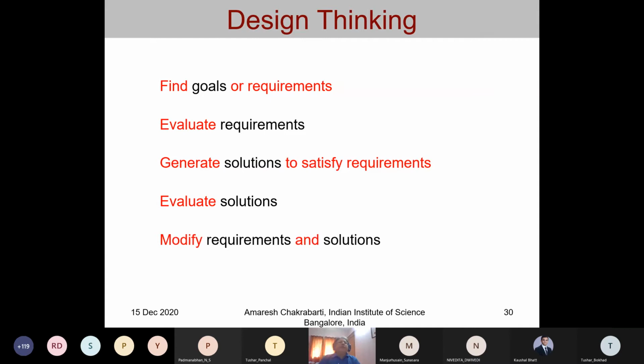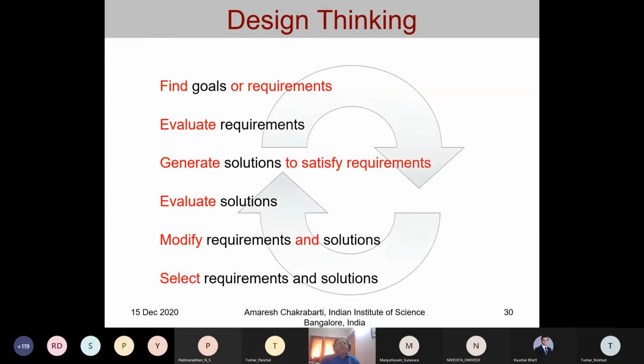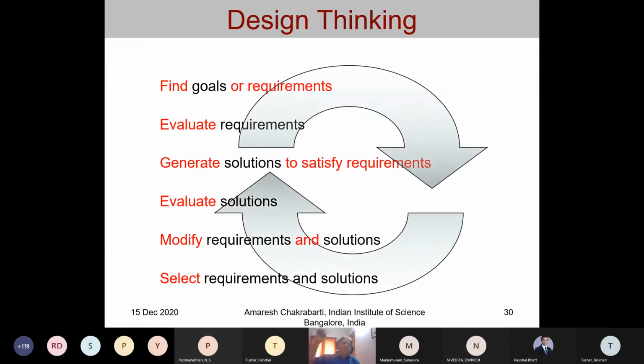Okay, modify requirements if necessary, modify solutions as necessary, and finally, when we are agreeable, we select the requirement set and the solutions. And this goes on in a loop, because understanding requirements better helps you generate solutions better, and generating solutions also helps you see whether the requirements that you thought could be satisfied are indeed possible to be satisfied, and so on. So that goes in a loop, and this is what design thinking is.